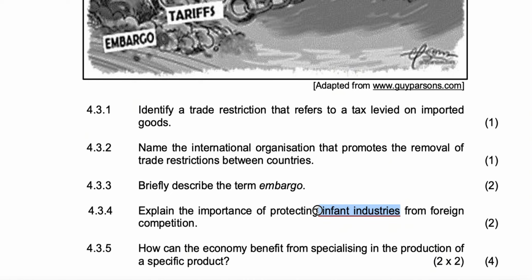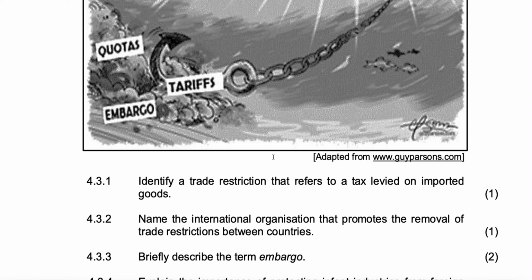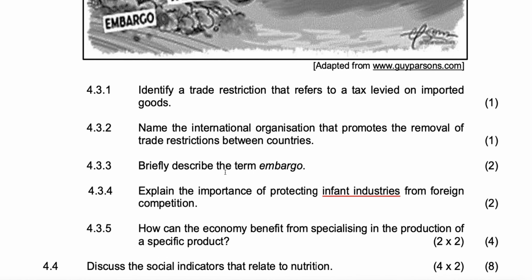Explain the importance of protecting infant industries. Well, infant industries should be protected so that they have the chance to grow, because the word says it, infant. They are still baby industries. So they should be protected usually by the government. They will try to protect infant industries from unfair competition, maybe from outside the country, so that they can be well established and in future be referred to as established industries.